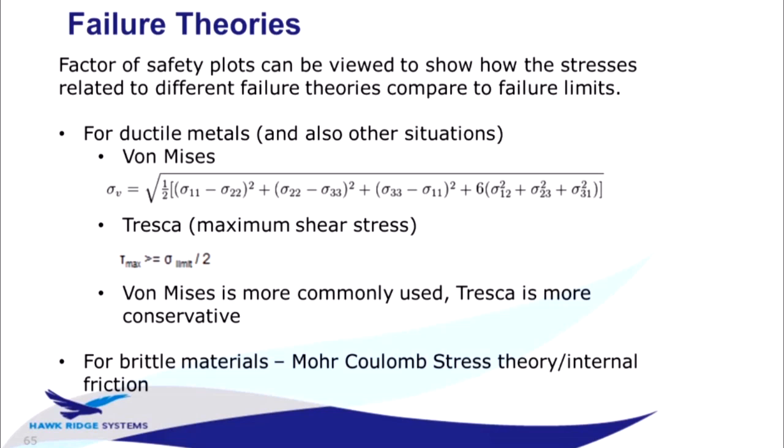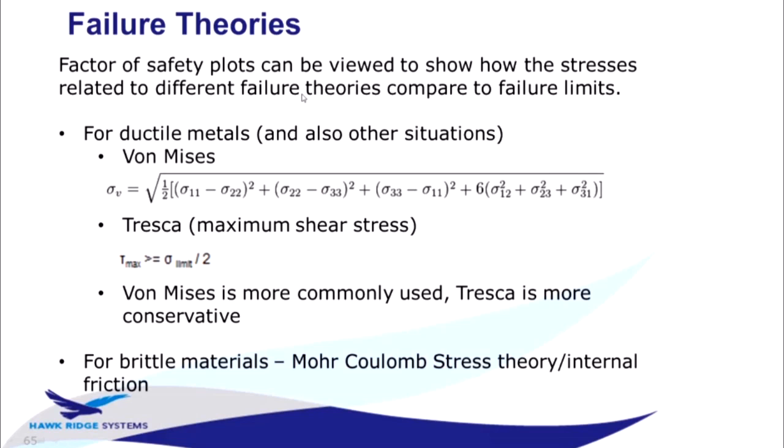It's expressed on the screen there in terms of principal stresses. You can also write it out as a combination of X, Y, Z stresses. But essentially that von Mises theory is just giving you a single value that you can compare to the yield strength of the material.